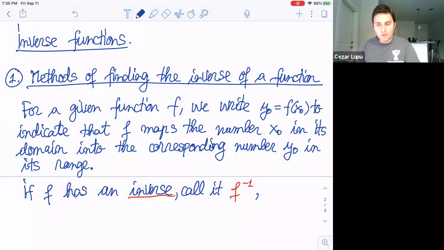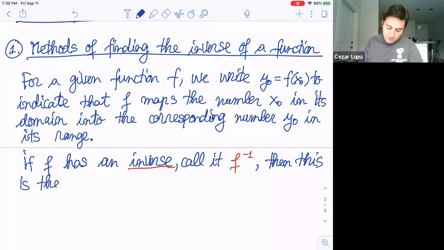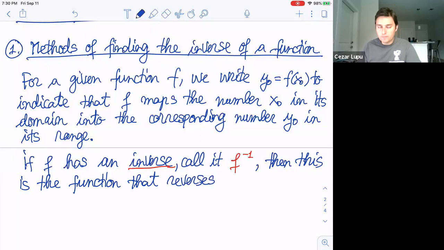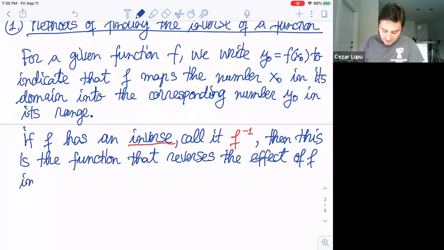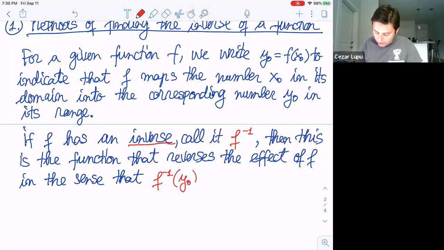Well, if f has an inverse, and we'll see under what conditions we do have inverses, call it f to -1, then this is the function that reverses the effect of f, and here I should be more specific, in the sense that we have the following: f inverse evaluated at y naught will give us x naught, right?